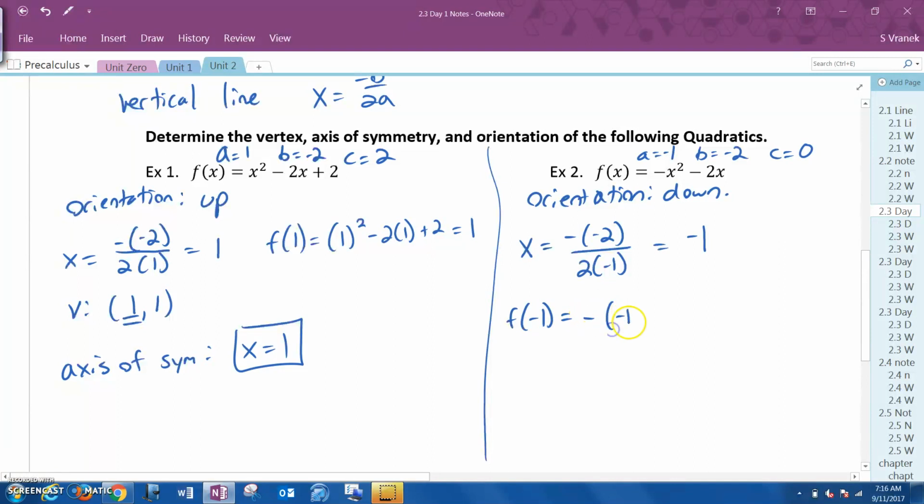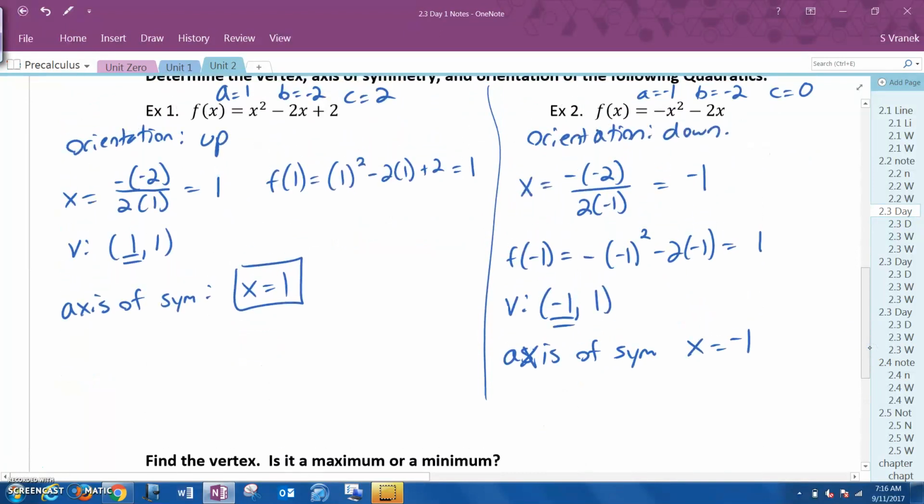So if I do negative 1 squared, which you have to square first, minus 2 times negative 1, this becomes a positive 2. This is a positive 1, but then a negative, so negative 1. So positive 2 minus 1 is a positive 1. So the vertex is at x of negative 1, y of 1, which means the axis of symmetry, we just take the x value and say x equals -1.